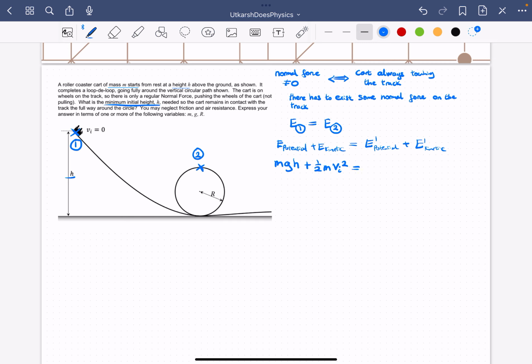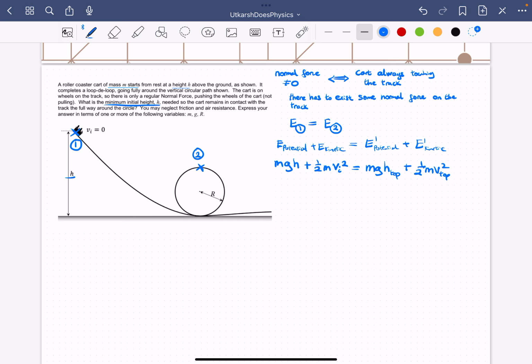Now the potential energy is mgh at the top, and the kinetic energy is half m v_top squared. We basically want to know what's going on at this point. And again, the justification is that this is where the normal force is most likely to be 0. So we want to solve for this initial condition.